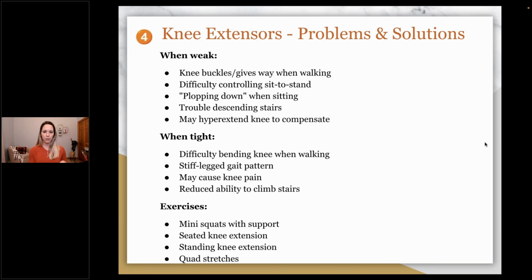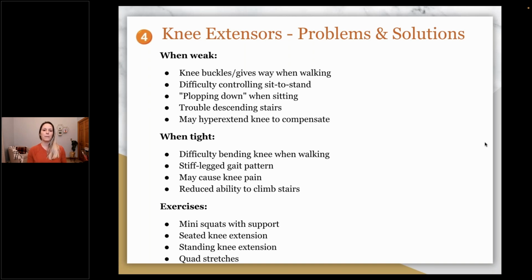So if you feel like you're kind of plopping down the stairs and you don't have that control, it could be due to weak quadricep muscles. And you also might notice that your knee locks or hyperextends, pushes backwards, because when you have weakness, your quadriceps can't work as well. So you'll either see that knee buckling or the opposite of that, knee hyperextending and locking.